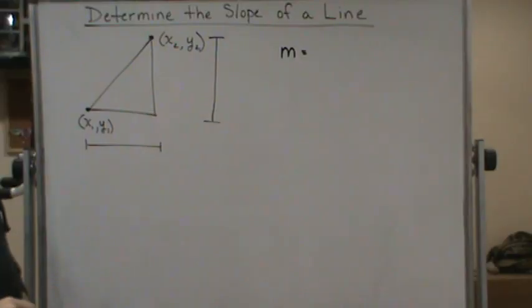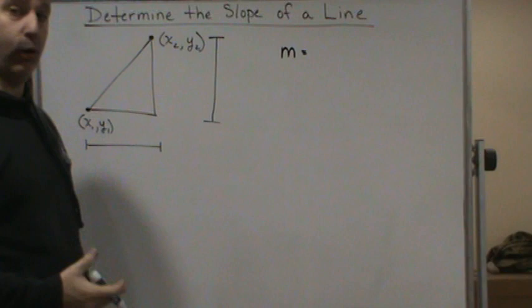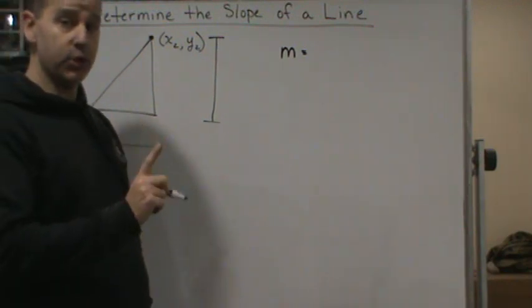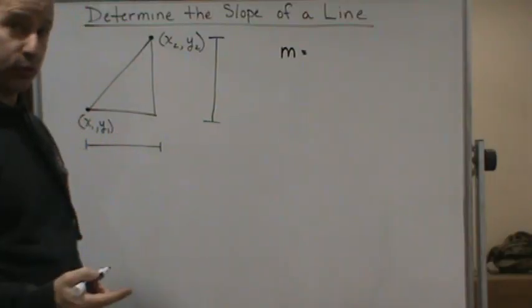What is it? The slope tells us the change in our vertical direction for every 1 unit change in the horizontal direction.